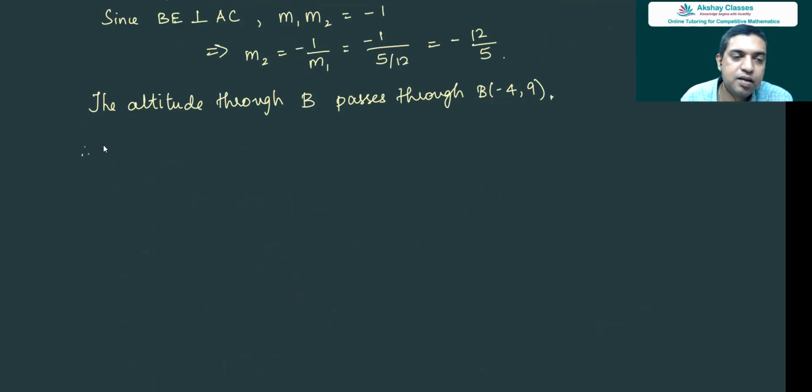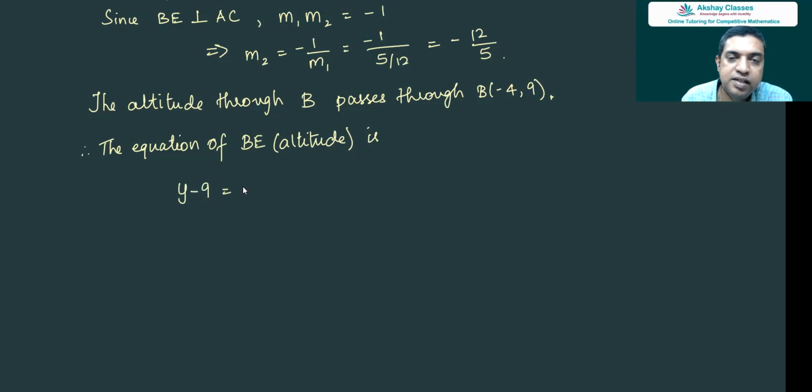Therefore, the equation of BE, the altitude, is y minus y1 is equal to m2 into x minus x1.